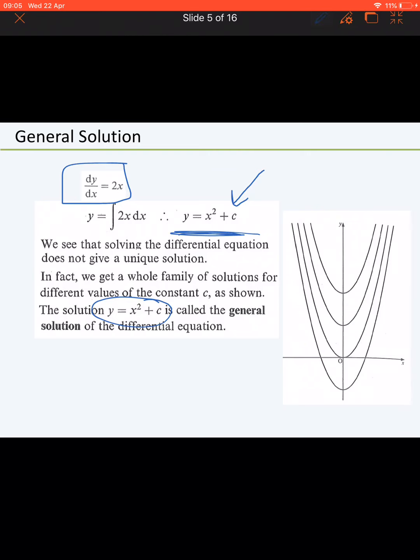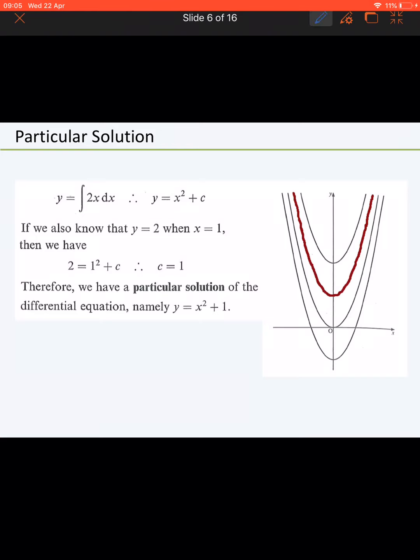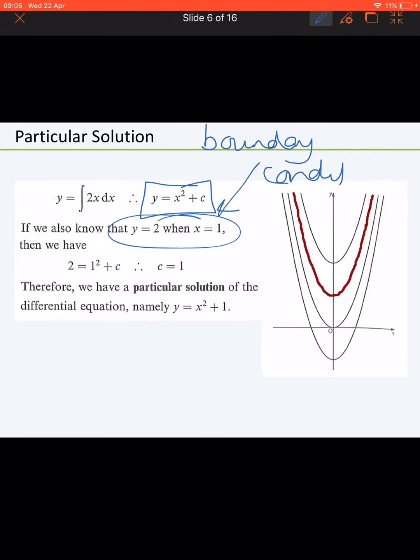Okay, now if you wanted to narrow your answer down further, you would need to be given what is called a set of boundary conditions, such that you're told that the curve goes through x as 1 and y as 2. What we would do then is we would do the integration as we've done before. We would get this general solution, okay, and then we would substitute in those boundary conditions.